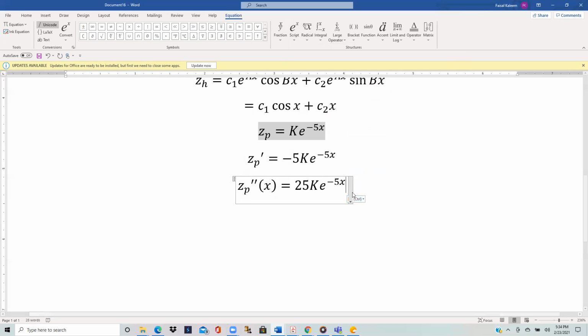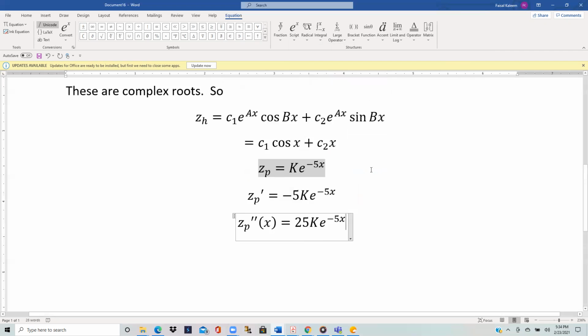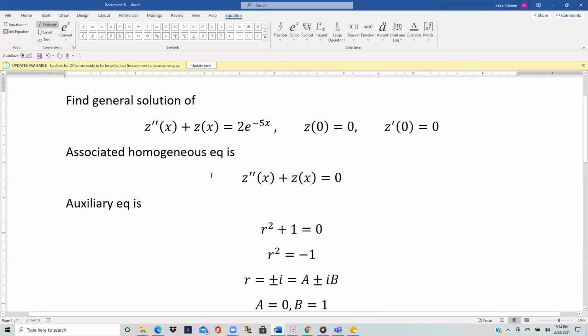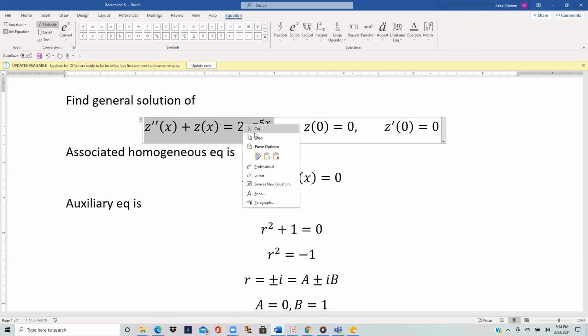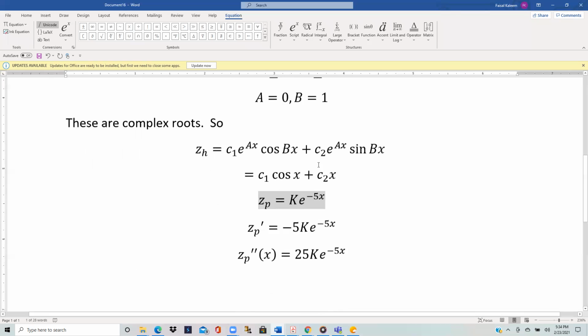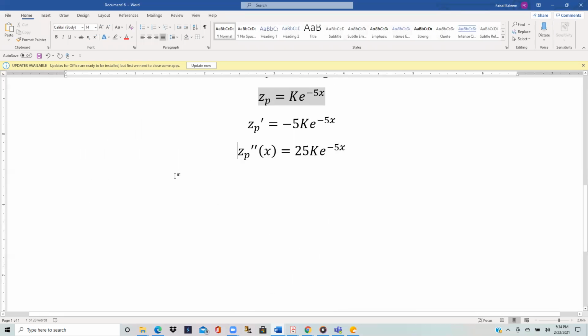Okay, and we substitute these in the given equation. To find ZP, we don't need the initial conditions. They will be needed at the end.